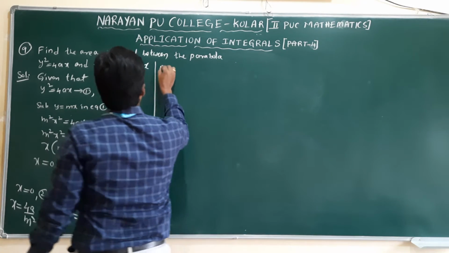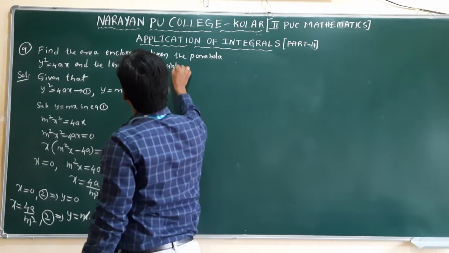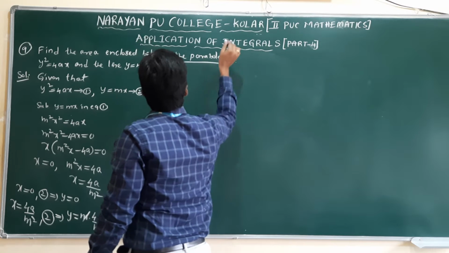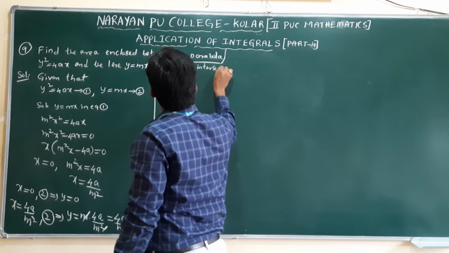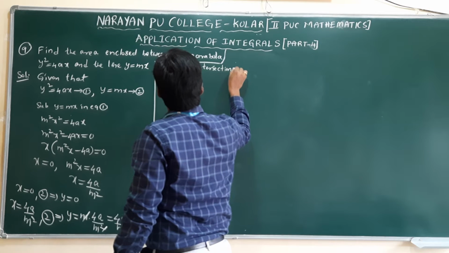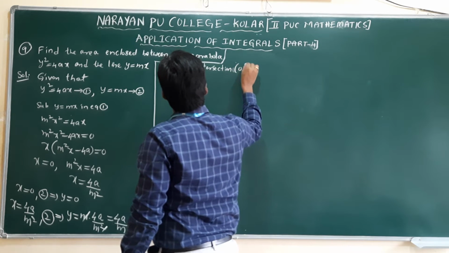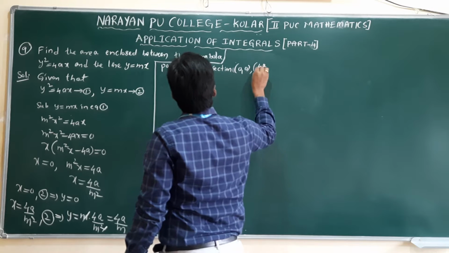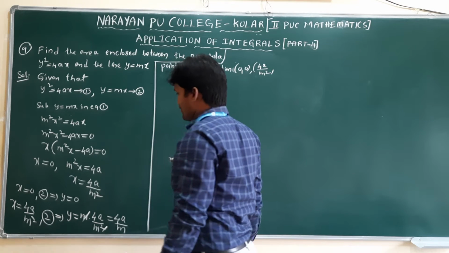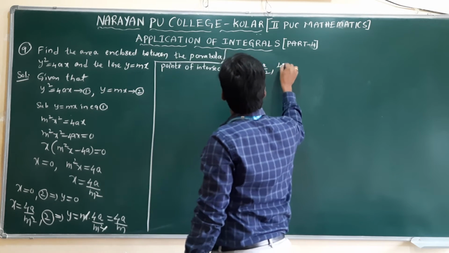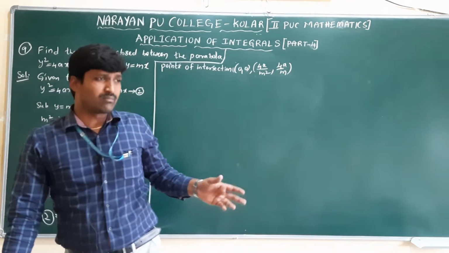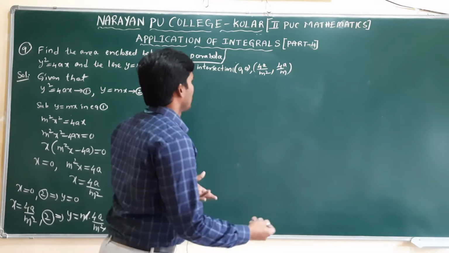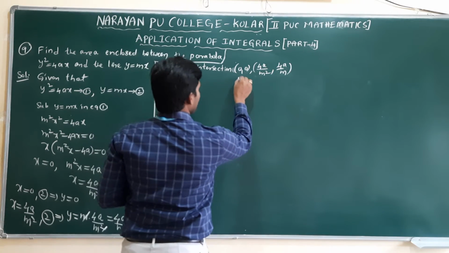Now, from this, we got the points of intersection. One is 0, 0. Another one is 4a by m square, 4a by m. 4a by m square and 4a by m are some unknown values. You will take the graph approximately condition wise.